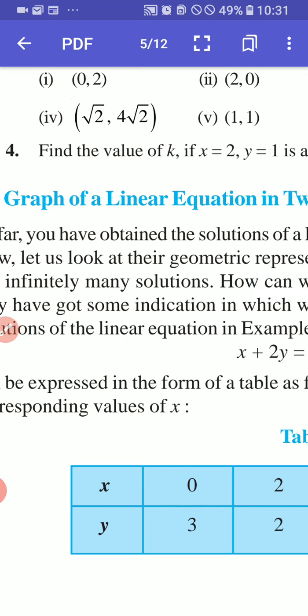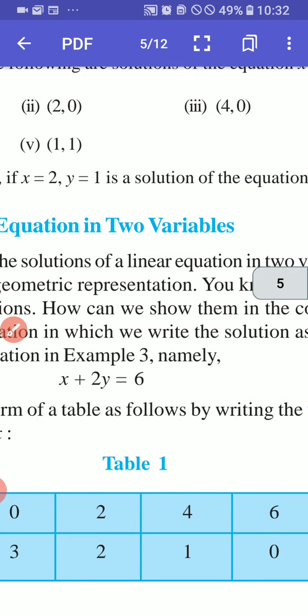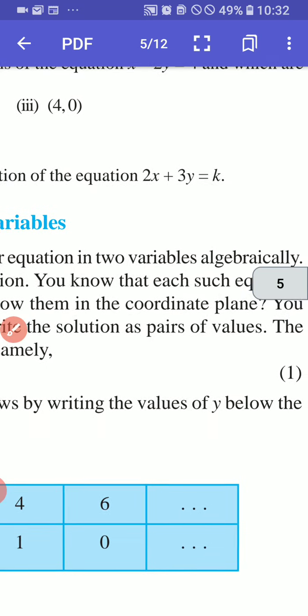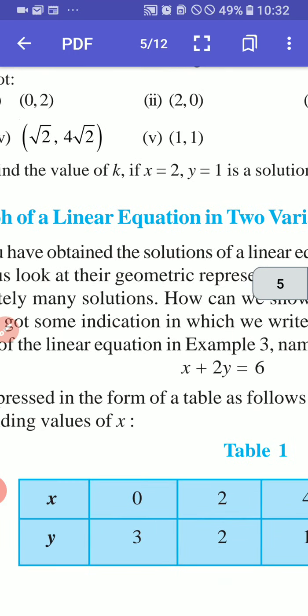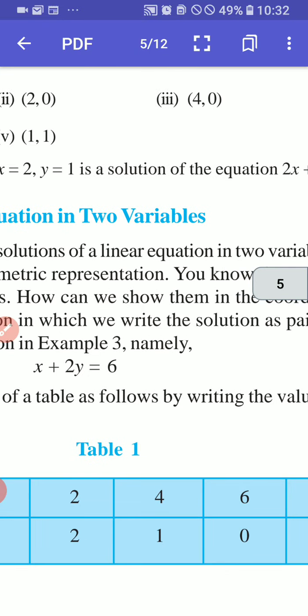Now come to the question number 4. Find the value of k if x equal to 2 and y equal to 1 is the solution of the equation 2x plus 3y equal to k. Dear student, in this problem you have given that x equal to 2 and y equal to 1 is the solution.